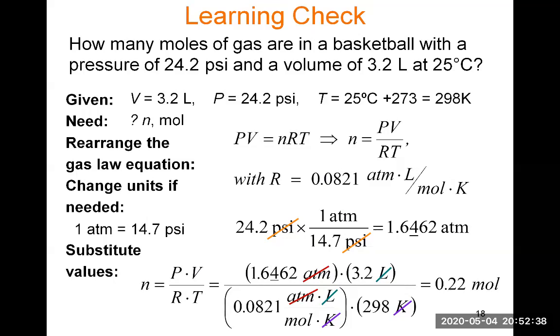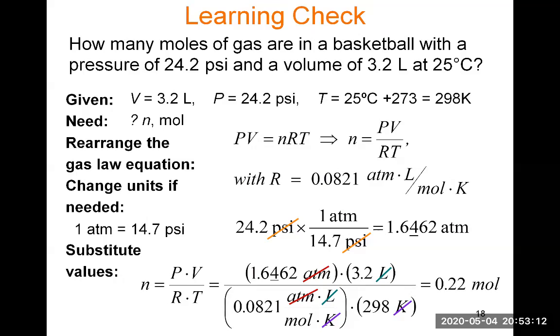You could also do the pressure times the volume divided by, open the parentheses, 0.0821, the R value, times 298, temperature, close the parentheses, equal, and you would get the same answer. The calculator answer is 0.2153, etc.